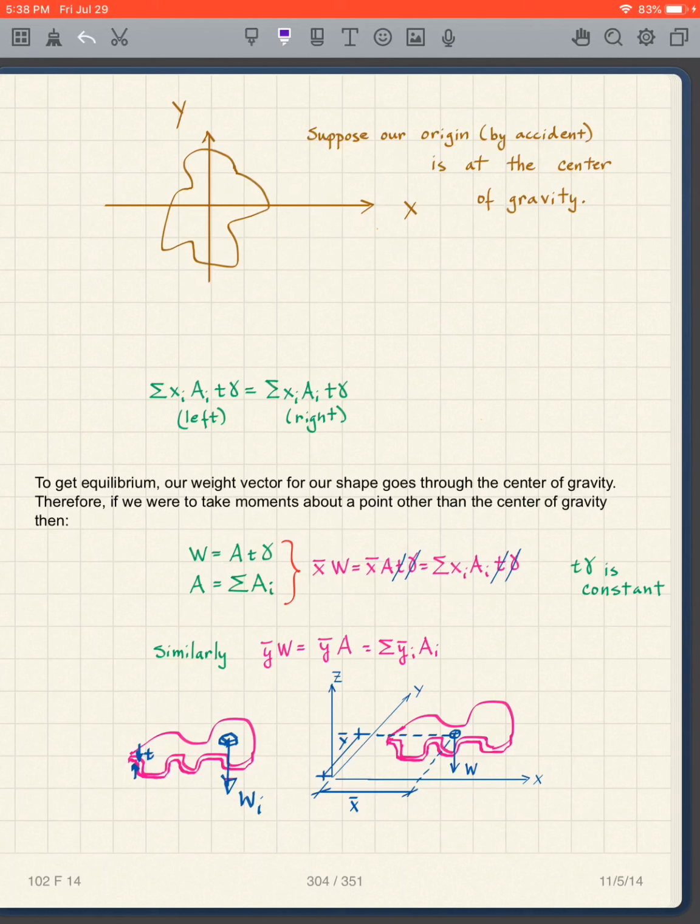So I'm just going to have my x and y coordinate system here with my weight out here, and I need to find the location of the centroid of this, and so it's going to be located at x bar, y bar.